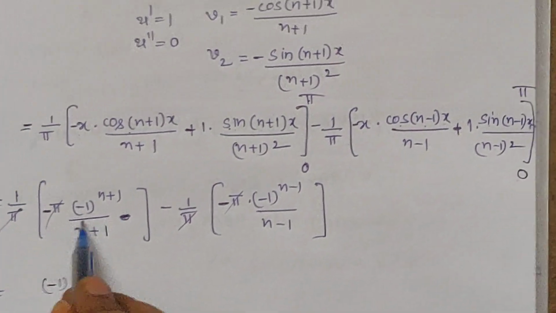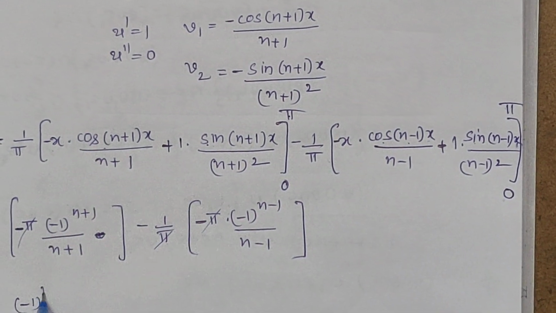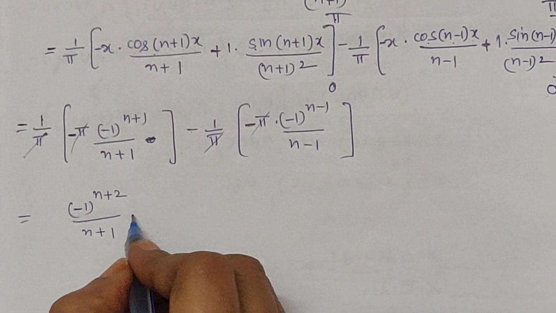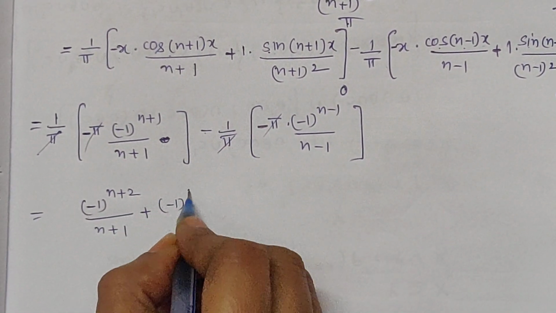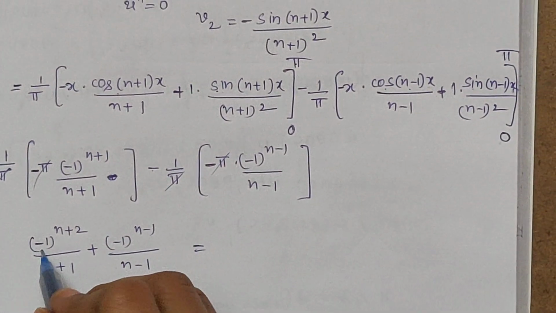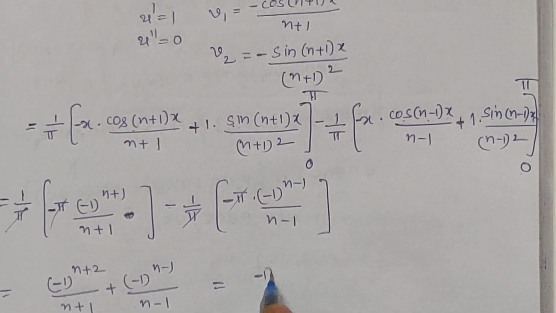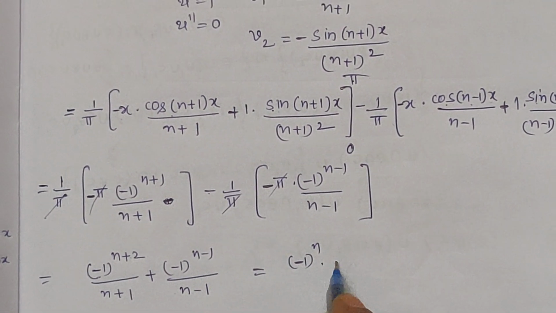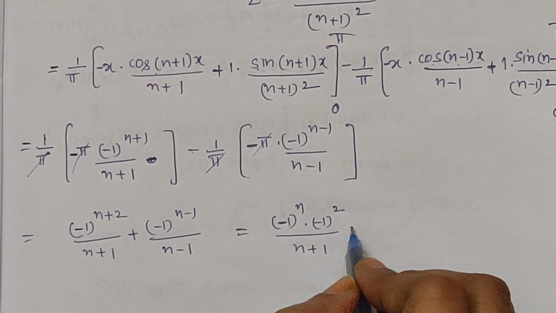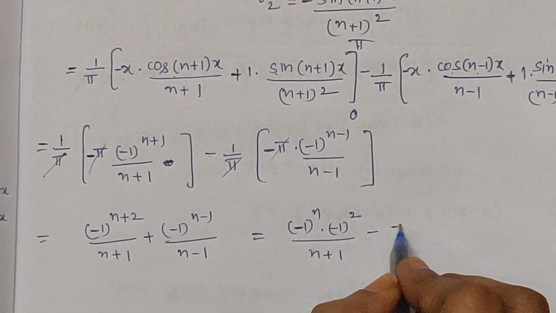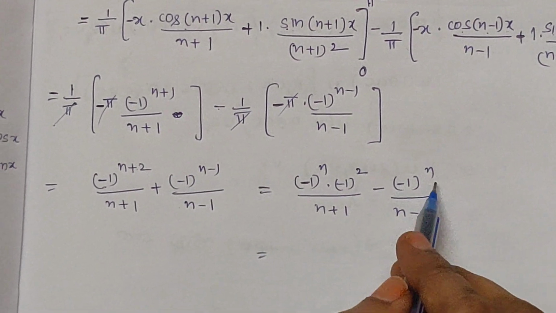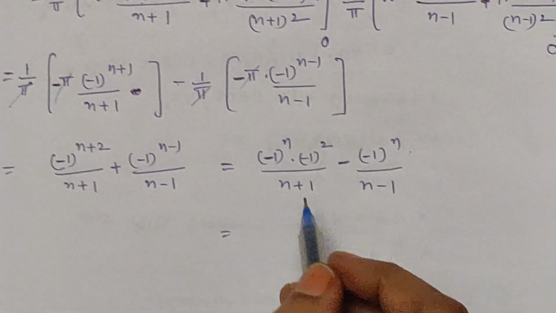Minus 1 whole power, one more minus sign, that means (-1)^(n+2) by n+1, minus minus is plus, so plus (-1)^(n-1) by n-1. This can be written as (-1)^n into (-1)^2 by n+1, and this can be written as minus of (-1)^n by n-1. Here we got that minus sign.